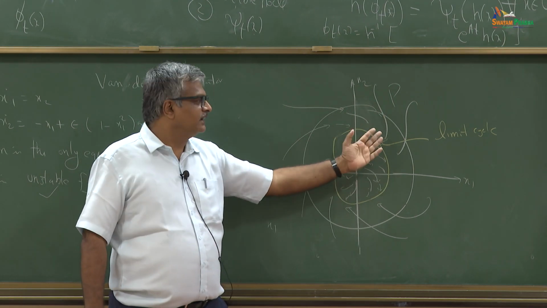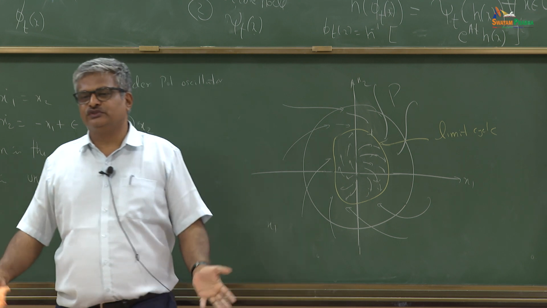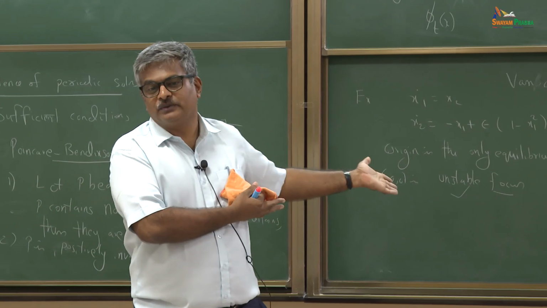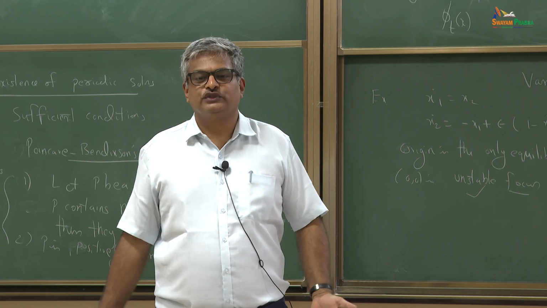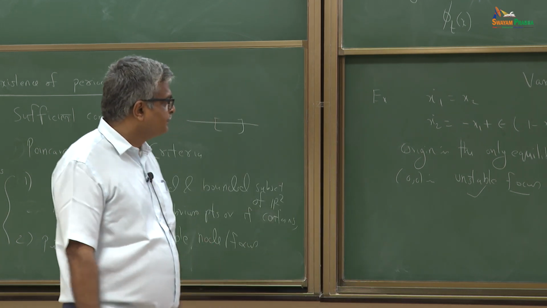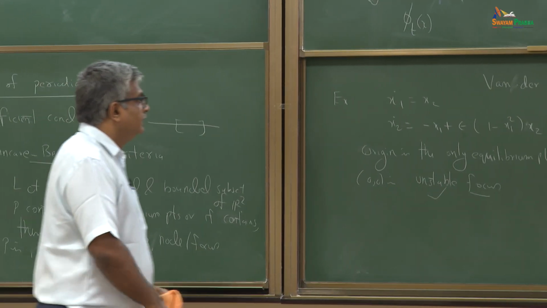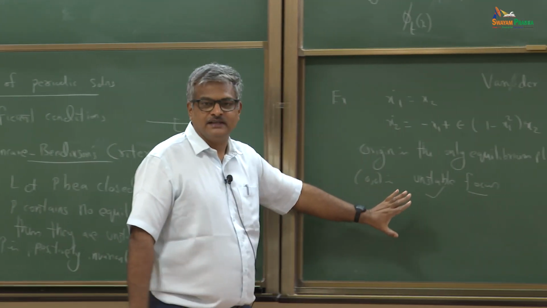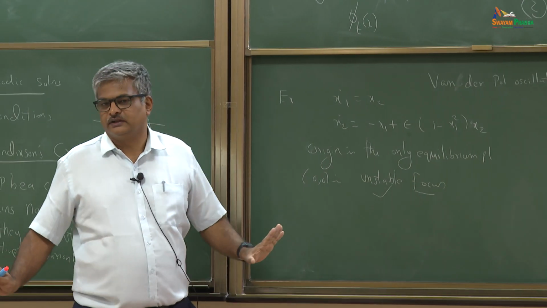But in general, the hard part is showing the positive invariance of a set. And as I said, this is a sufficient condition. If this fails, you cannot conclude anything.